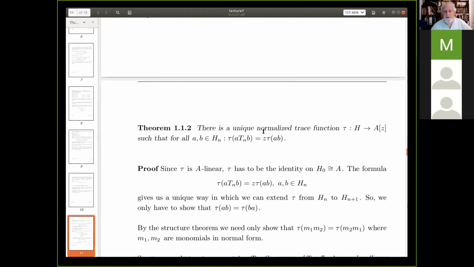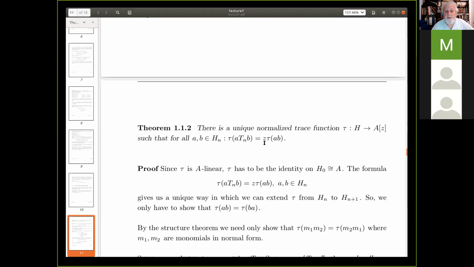So we want to define such a trace. And there is a unique normalized trace function tau from H to this ring of Laurent polynomials, and it's defined by tau of A Tn B is Z times tau of AB. So A and B now will belong to Hn, but Tn, of course, belongs to Hn+1.